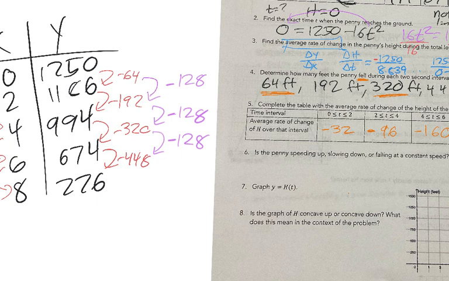We found out this was not a line, so its rate of change was not constant. But if I talk about the rate of change of the rate of change, it's not 0. But what could you say about it? We could say it's negative 128, but that's just an arbitrary value. It's constant. So this time the rate of change of the rate of change is constant.